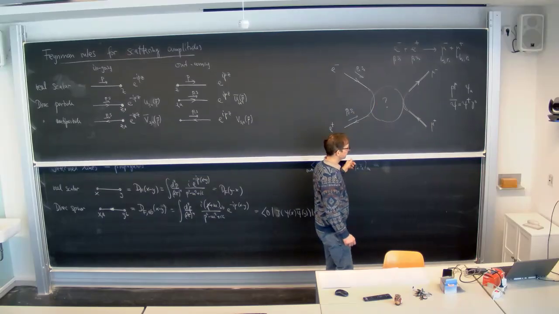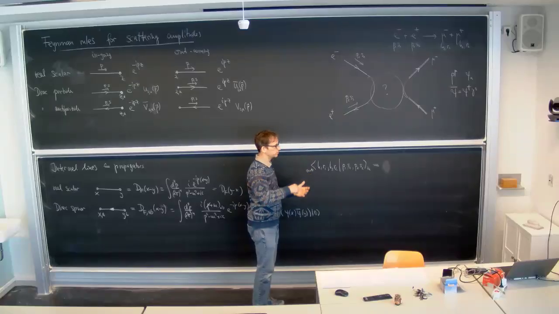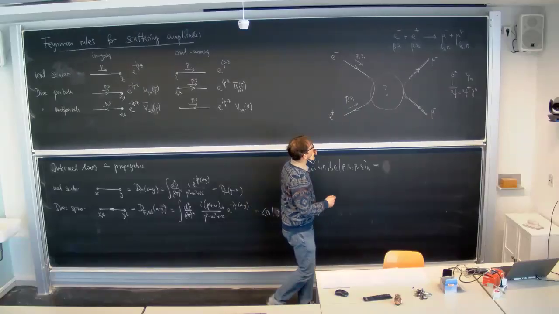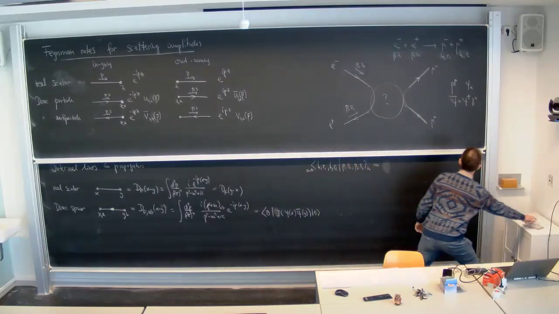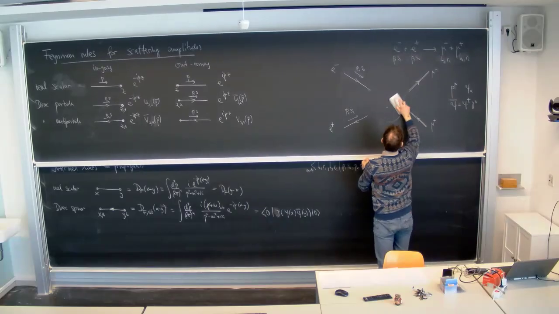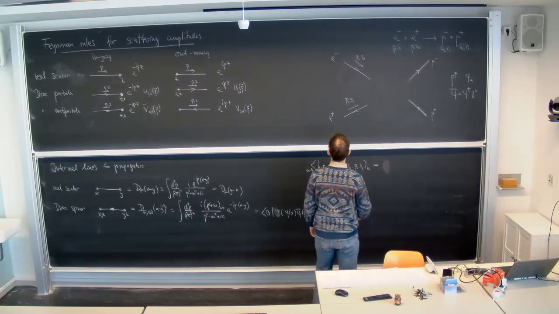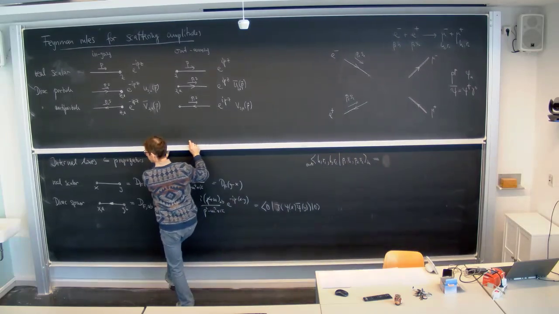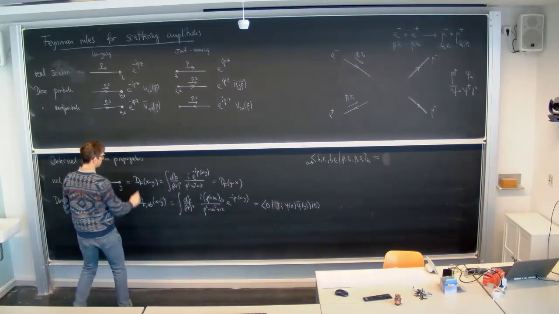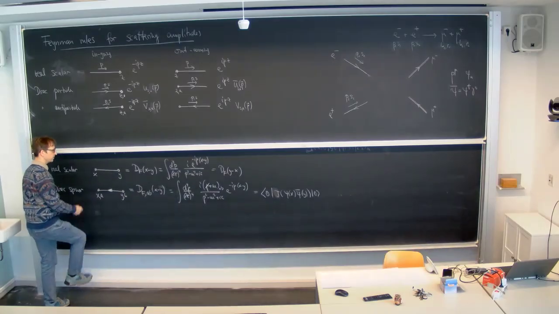So in the magic formula, we need an interaction vertex from the exponential. And what vertices do we have in QED? Here, vertices. Let me lift this up.